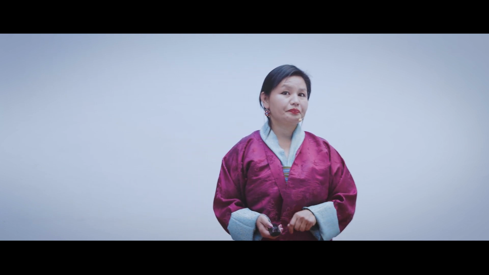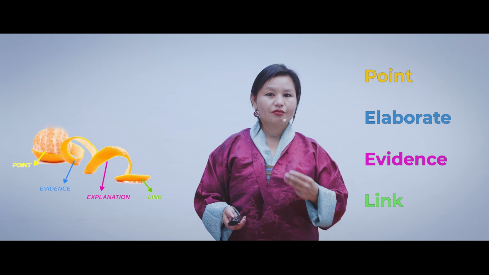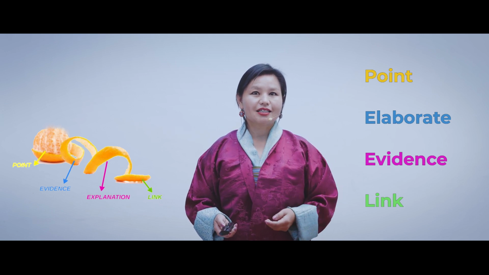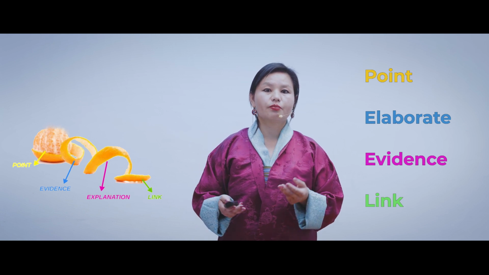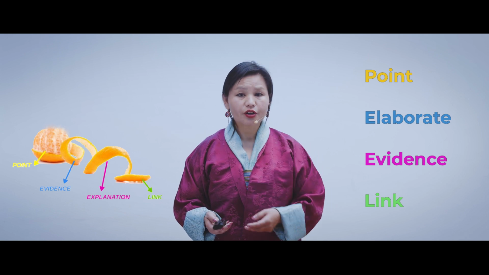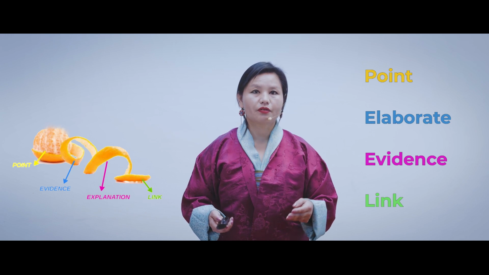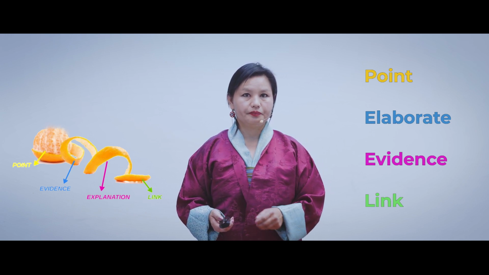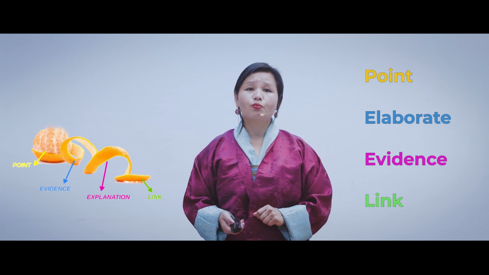All right, now you can see the visual image of an orange, and that is PEEL. PEEL is used to elaborate the body in a paragraph. So not just for your argumentative essay, but you could use this PEEL framework for any type of essay writing. So what does P stand for? P stands for point.